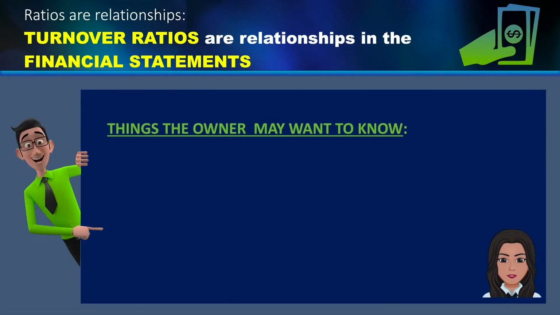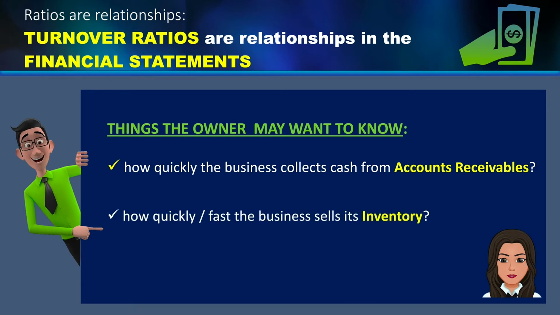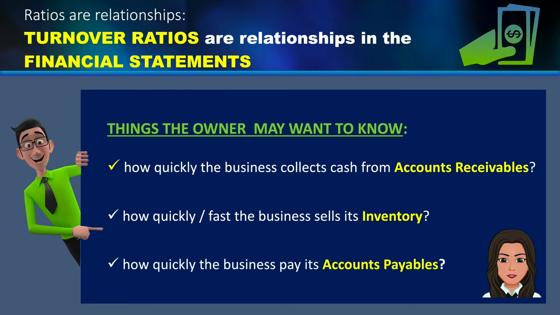So what are some of the questions that an owner may usually want to know? How quickly does the business collect the cash from the accounts receivables? How quickly or fast does the business sell its inventory? And how quickly would the business pay its accounts payables or its creditors?